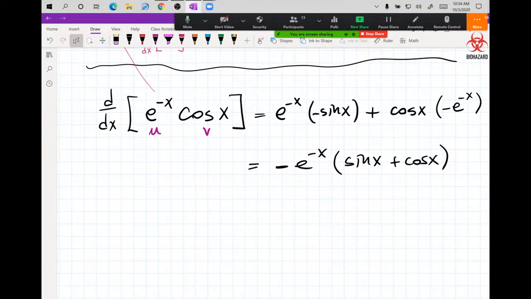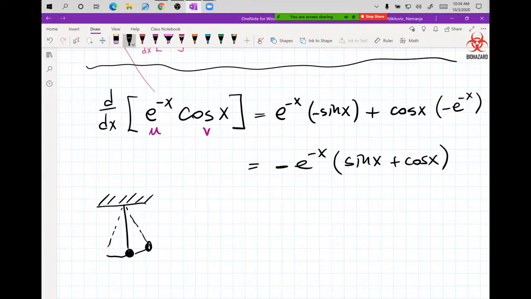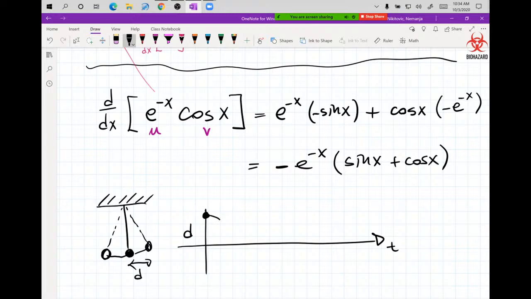If you study physics and you understand that there is a pendulum hanging from the ceiling, and then you pull it back to this position here and let go, it's going to go past this way and back. And then you have the distance traveled d. If you graph this in time, you start with the distance of how far you pulled. What happens? It drops down, it goes up, it keeps going, and then it slows down, and eventually it stops.